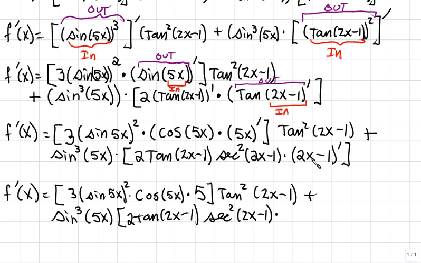The derivative of 2x is 2, and the derivative of the constant minus 1 will become 0. So the derivative of 2x minus 1 simply becomes 2.